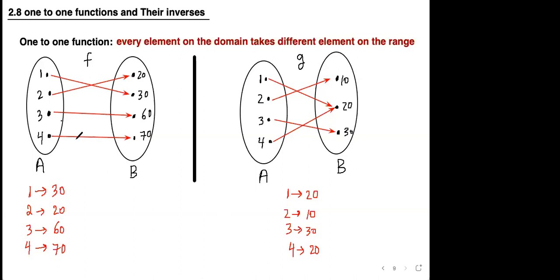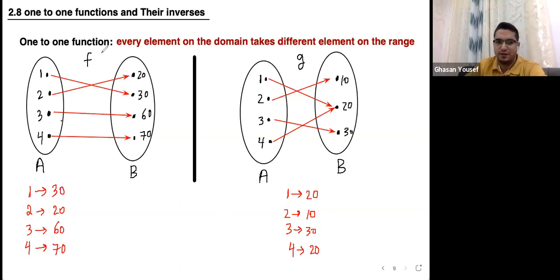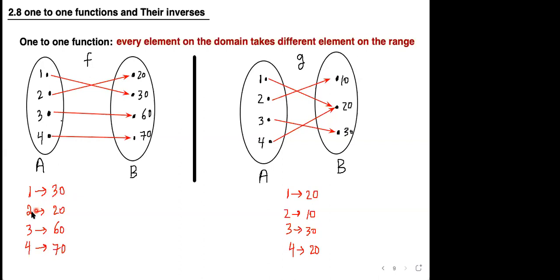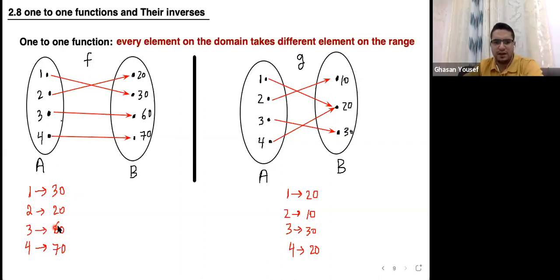My question for the first function f: look at the definition. In a one-to-one function, every element on the domain takes a different element on the range. Is every element on the domain, like 1, 2, 3, 4, taking a different element on the range? 1 takes 30, 2 takes 20, 3 takes 60, and 4 takes 70.